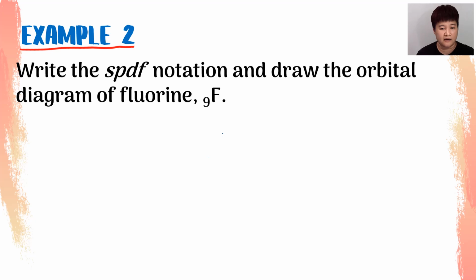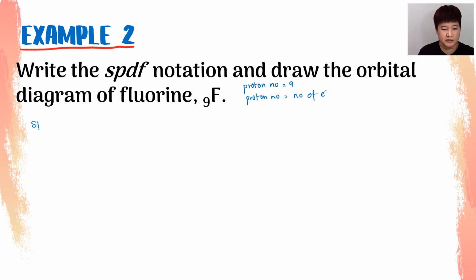The next example that I have is fluorine 9. We have talked about it previously. So the proton number over here is 9. And since it's neutral, the proton number equals the number of electrons.